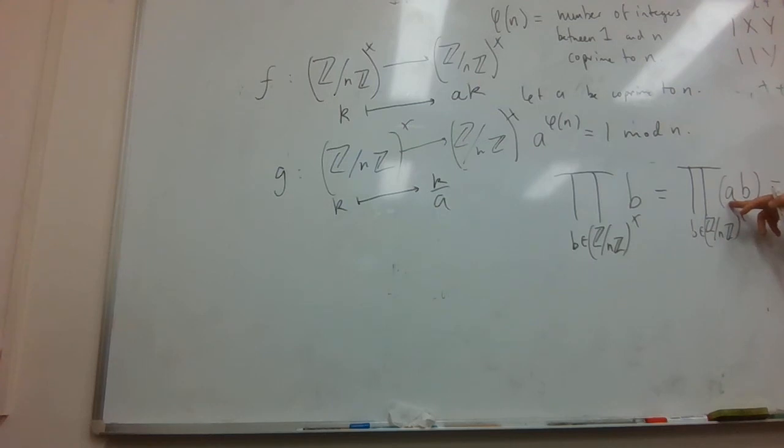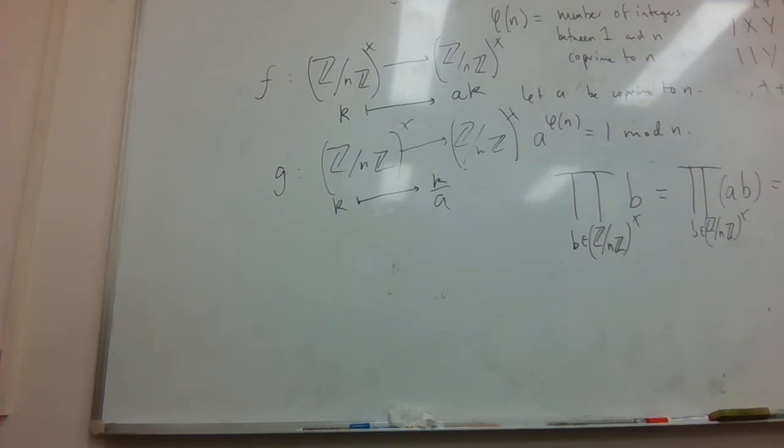There's phi(n) a's, so this is equal to a to the phi(n) times the product of b.